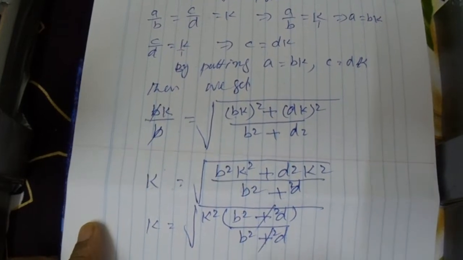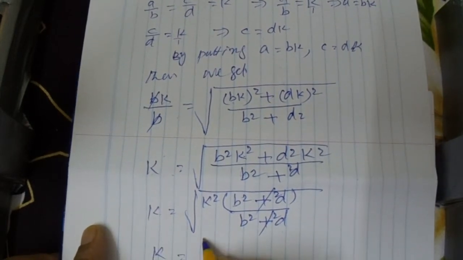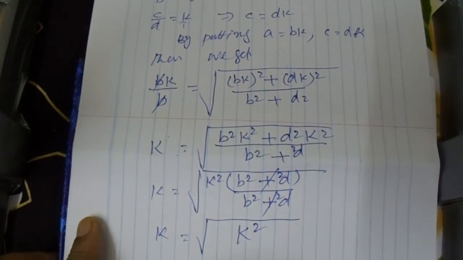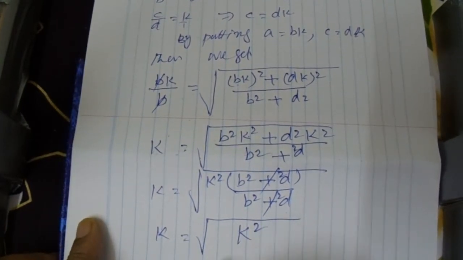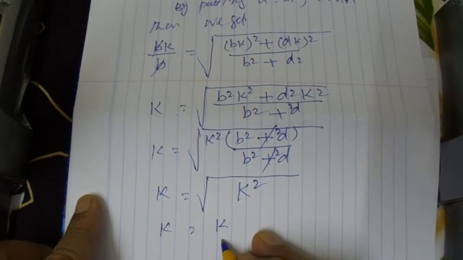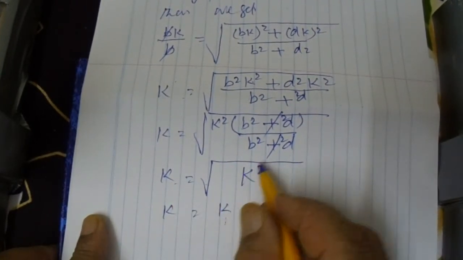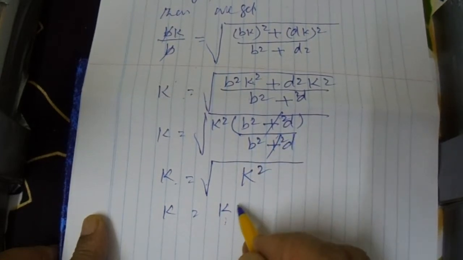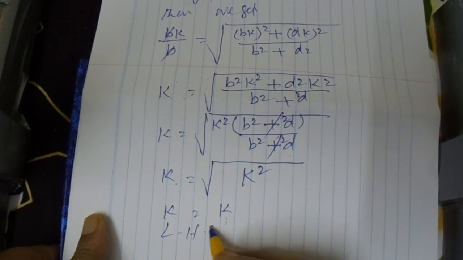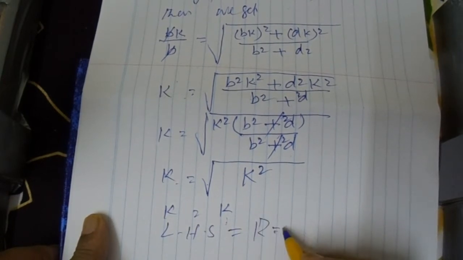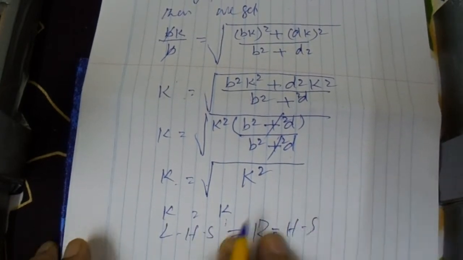Now this will cancel this and we have k is equal to under root k square, and the square root of k square is equal to k. Now left hand side is equal to right hand side.